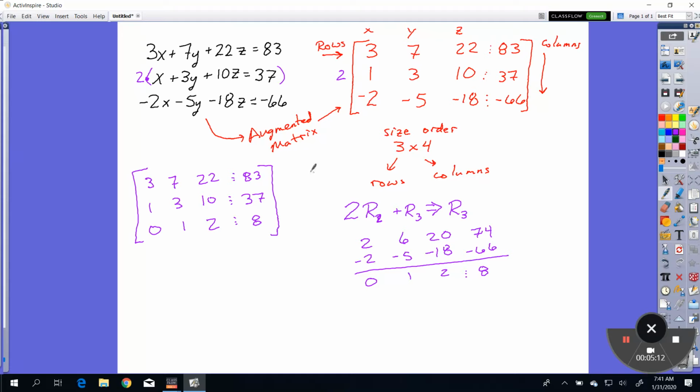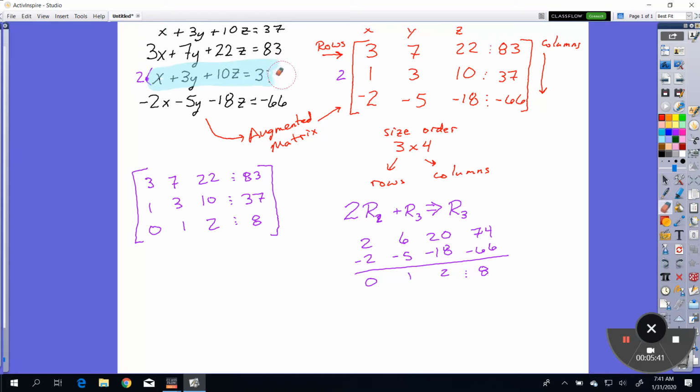I'm going to show you two different ways that we're going to solve systems of equations using matrices. Now, one other thing I want to talk about before I get started is that this row is not stuck here in the middle. There's nothing that says I couldn't have rewritten this problem with this at the top.